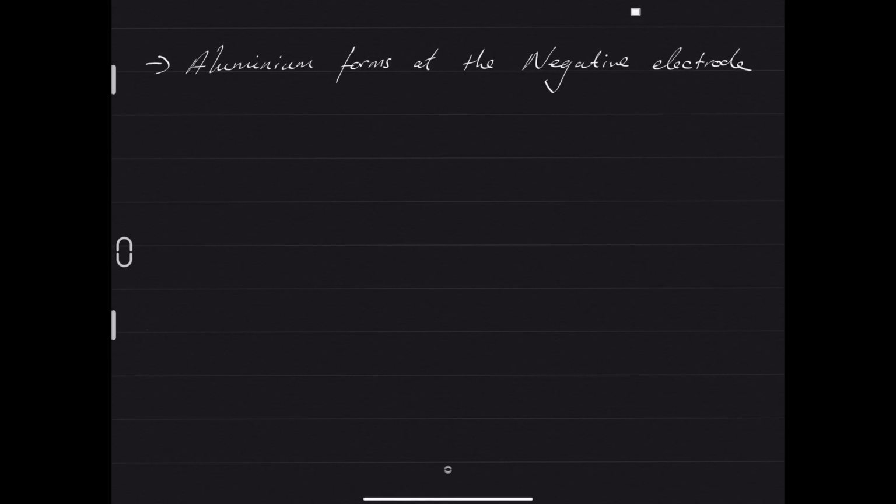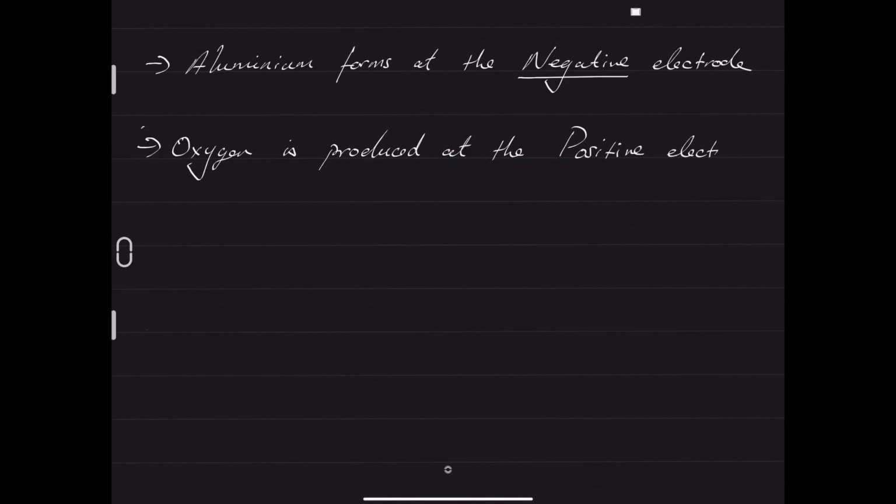Okay, so just make a note of that, underline negative. Aluminium is forming at the negative electrode. Oxygen is produced at the positive electrode. Okay, and just underline positive electrode there.